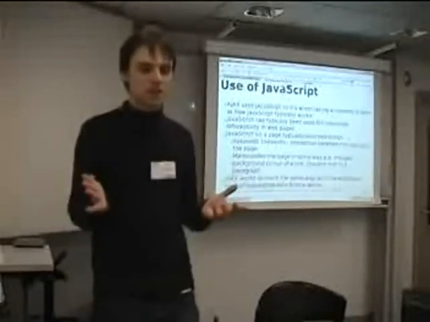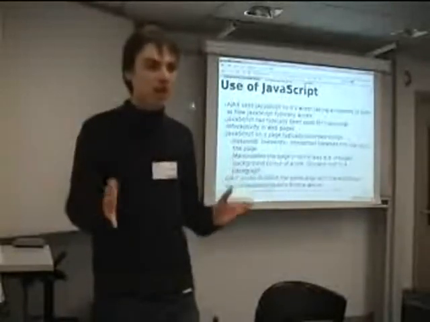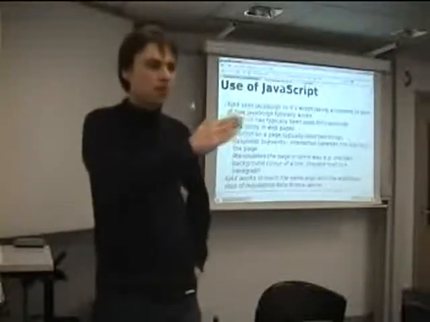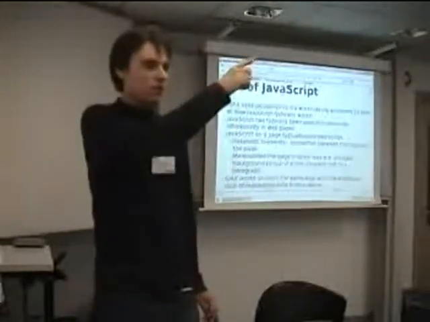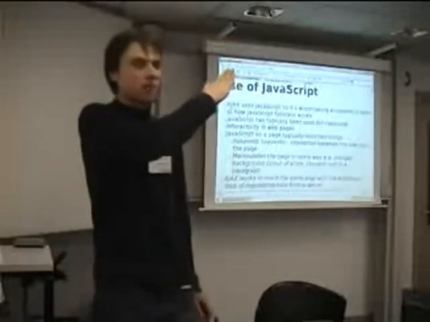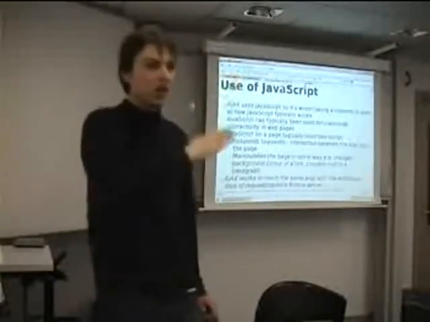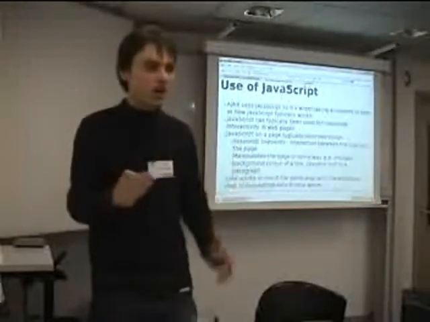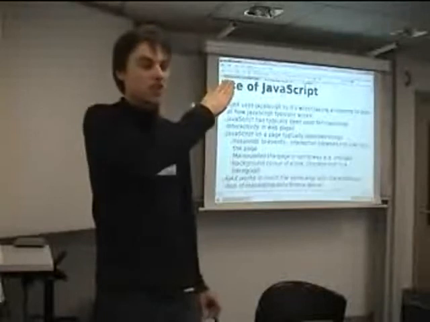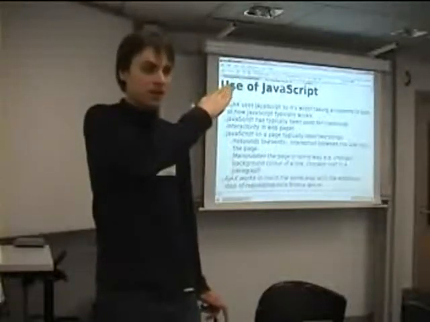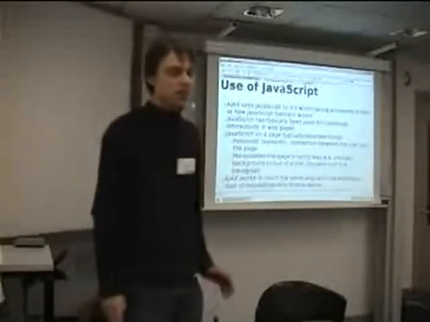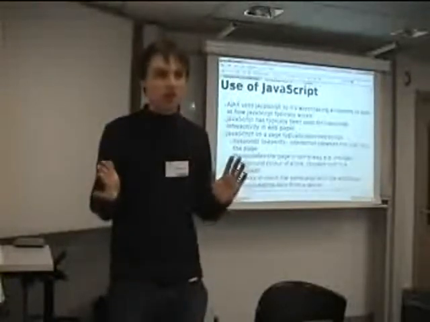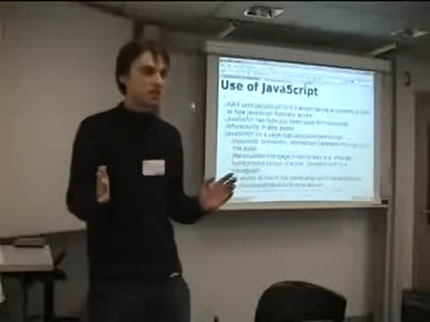Examples would include a drop-down menu appearing, or, if you've got a sidebar of hyperlinks with a rollover, the JavaScript changing the background colour of that hyperlink. So that's just a bit of general background behind JavaScript, in case you're not familiar.